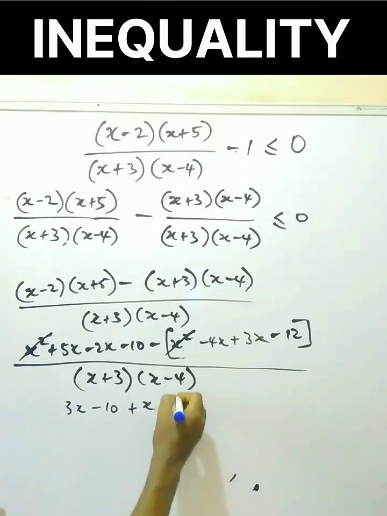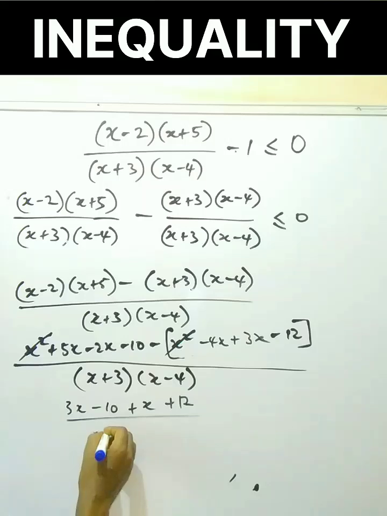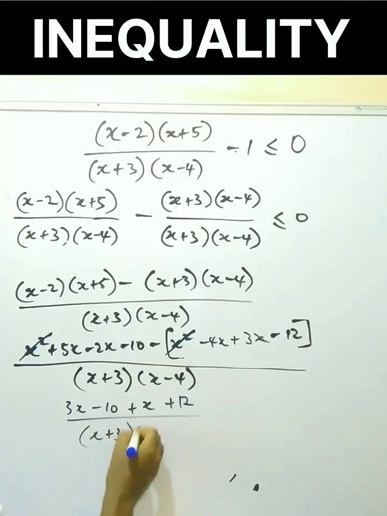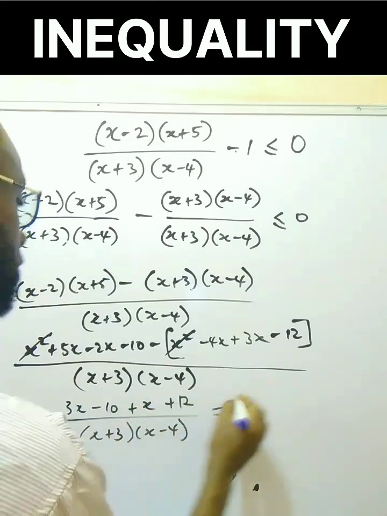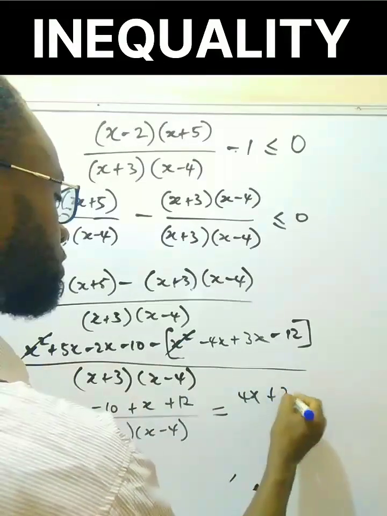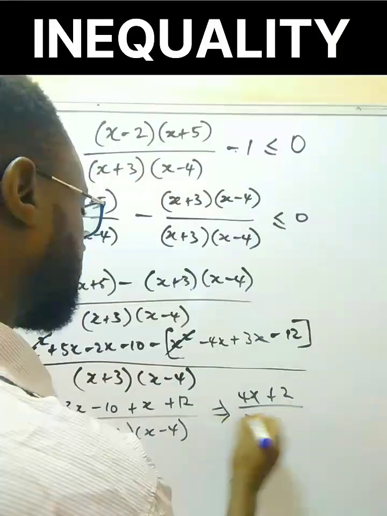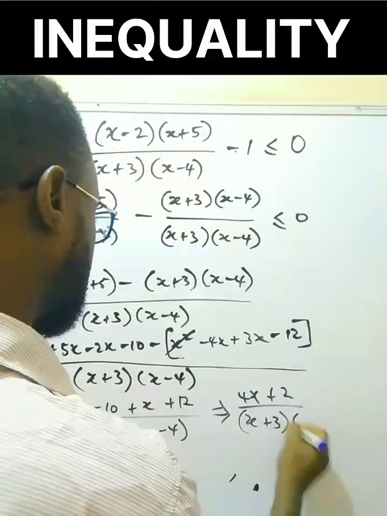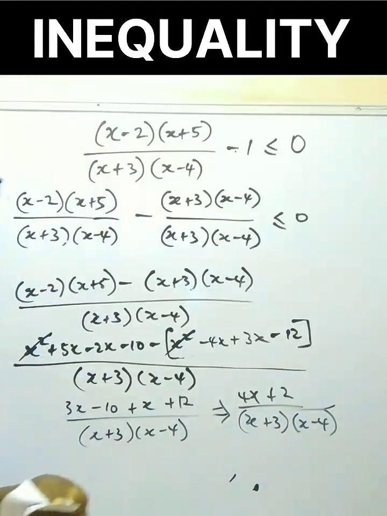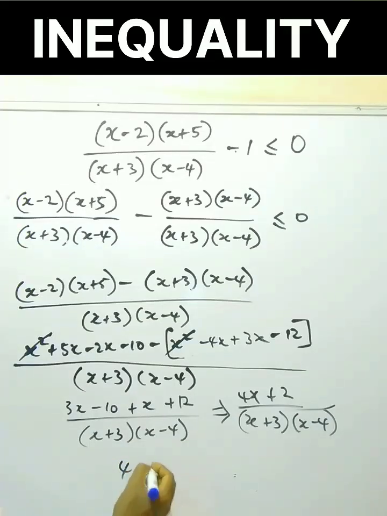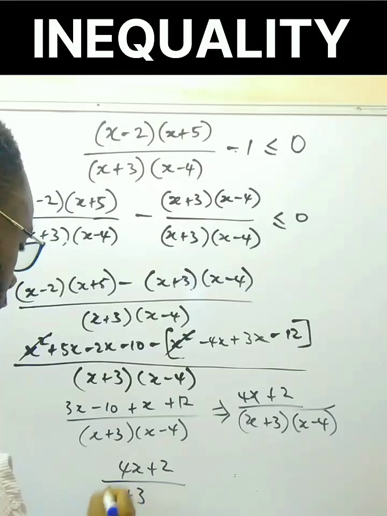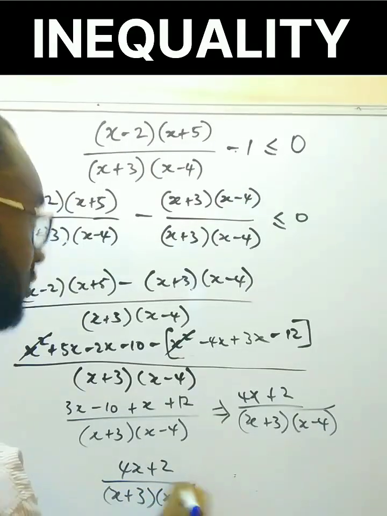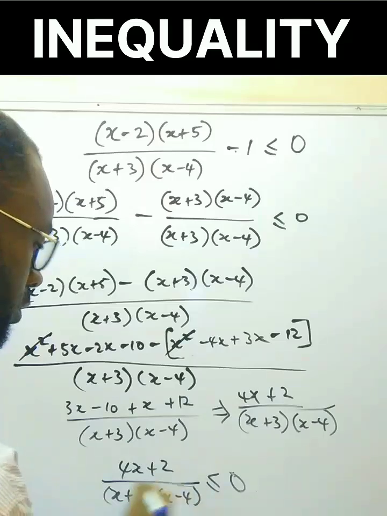This will give me plus 12, all over (x plus 3) into (x minus 4), so that I'm left with this, and this will give me 4x. This and this will give me plus 2, all over (x plus 3)(x minus 4). So that I'm having (4x plus 2) all over (x plus 3)(x minus 4) is less than or equal to 0.